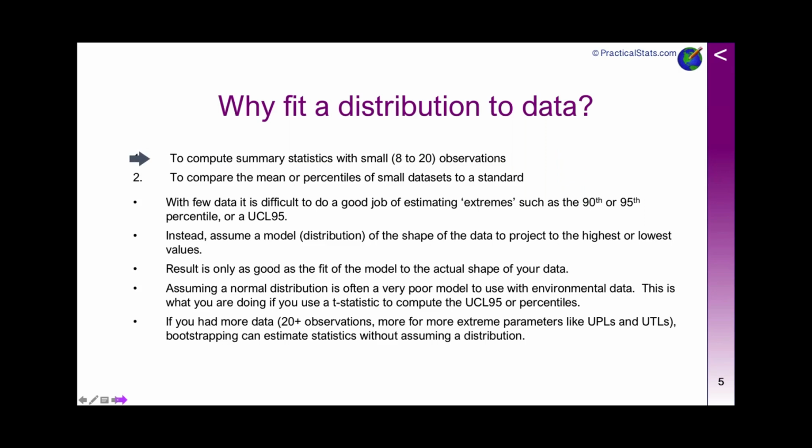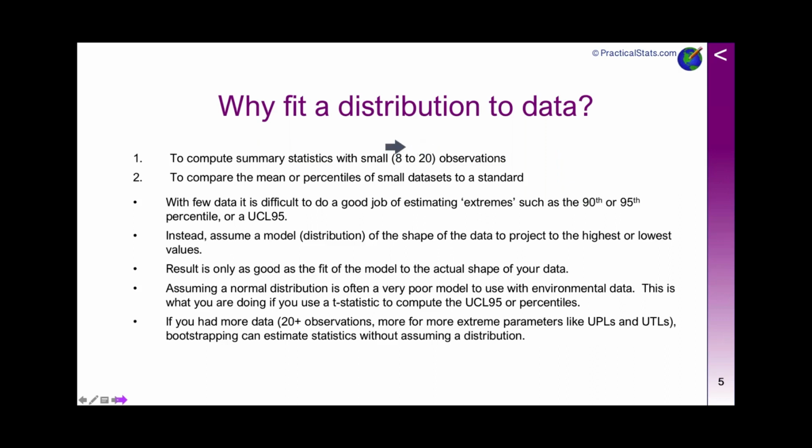One of the difficult things is that when you're trying to estimate extremes, like the highest values, something like upper percentiles, the 90th percentile or the 95th percentile, and you don't have very many observations, that's difficult to do, but you can model your data set with a distribution. And so if you're interested in a percentile like that, or maybe the UCL 95, an upper confidence limit on where the mean out in the real world might be, then with small numbers of observations, that's difficult.